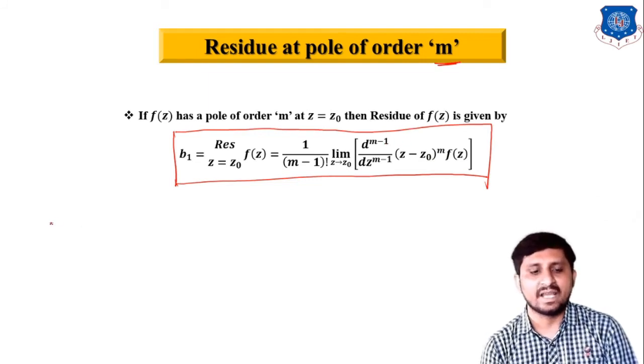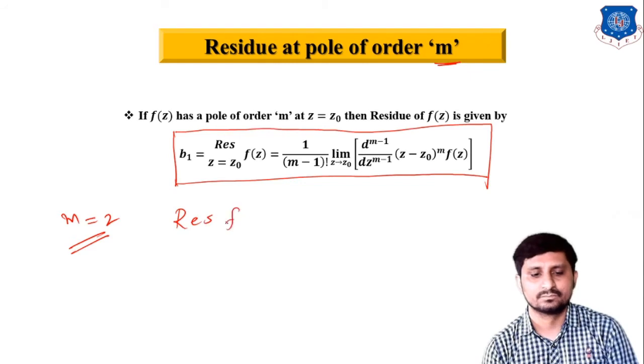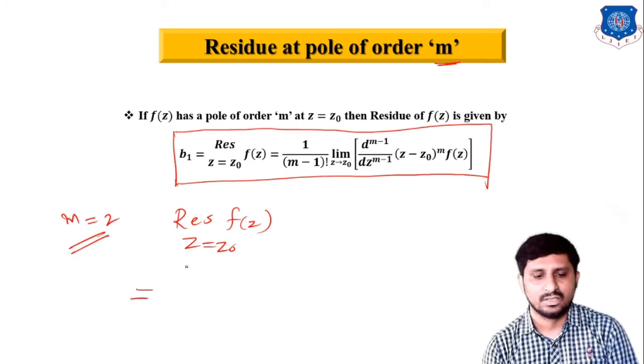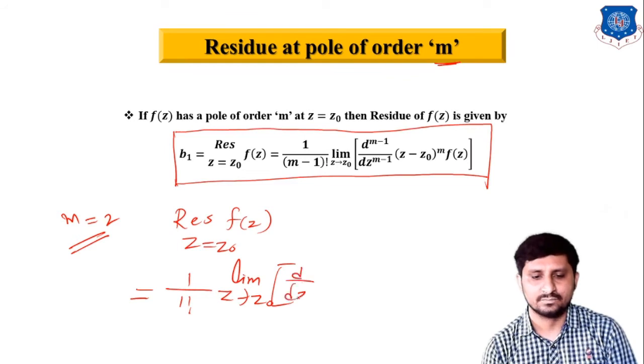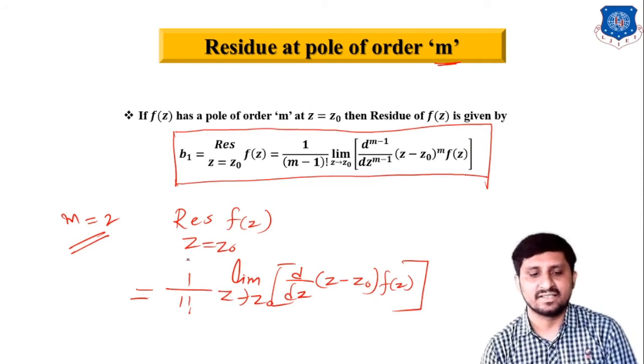Suppose m is equal to 2, that means the residue of f of z at point z equal to z0 is 1 upon 1 factorial, limit z tends to z0, d by dz of (z minus z0) square into f of z.